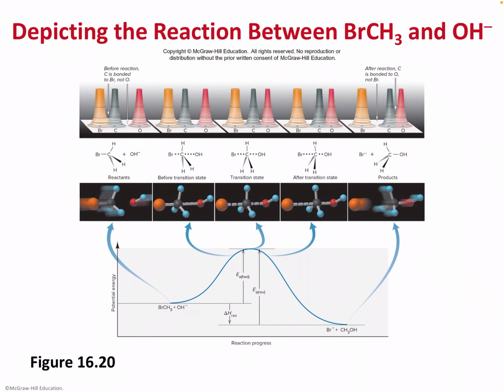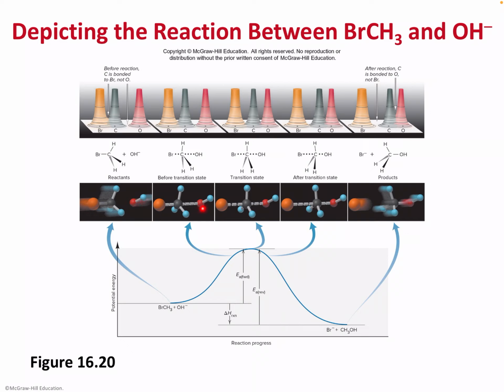Now this is how it looks, from the reactants to the transition state and to making the product. The reactants are now the methyl bromide and hydroxide, two separate molecules. Now the oxygen is reaching to carbon.